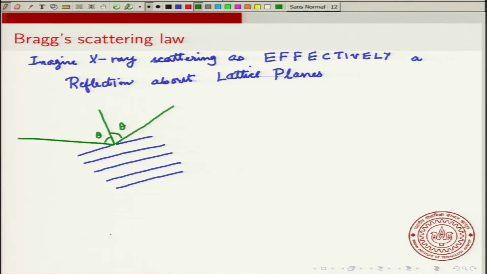Okay. And so Bragg's scattering law can be derived using this picture, that X-rays are actually getting reflected off lattice planes. If you take another parallel X-ray beam, these two are the incident beams and these are the reflected beams.